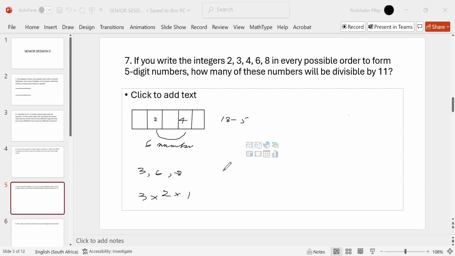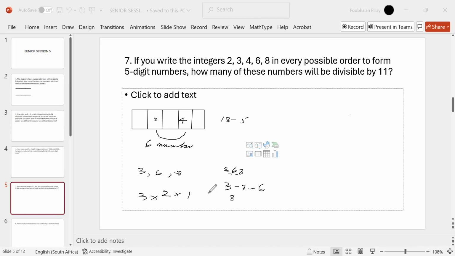If you want to know what the 6 numbers are, it will be 3, 6, 8 in that order. Or you could have 3 blank, 8, 6. These 2 blanks are 2 and 4.